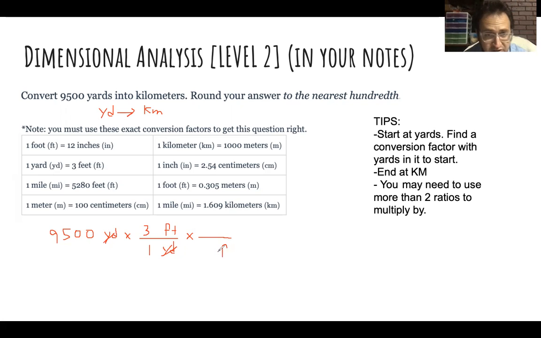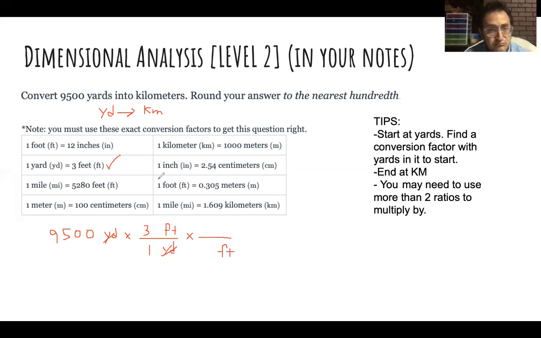So now I want to choose one with a foot in it. And I'm just going to go to my table here. So I've already done this one, so I'm not going to do it again, obviously. I don't want to go back to yards. I have 1 foot and 12 inches. And then I also have 1 foot and 0.305 meters.